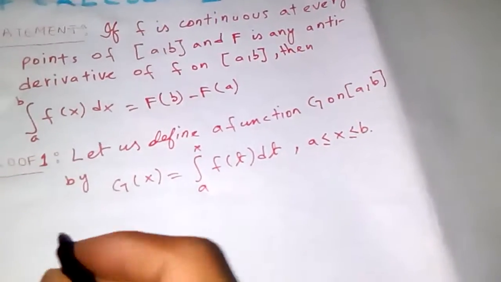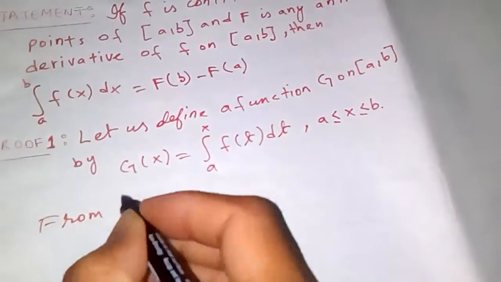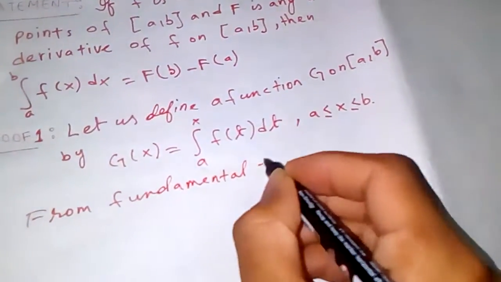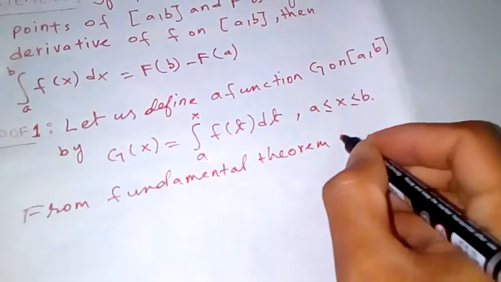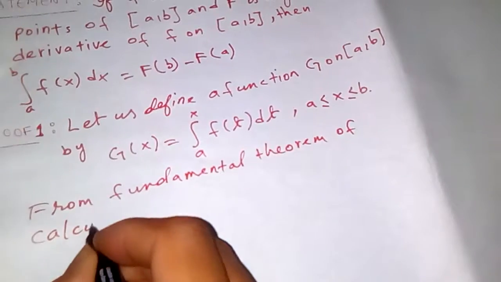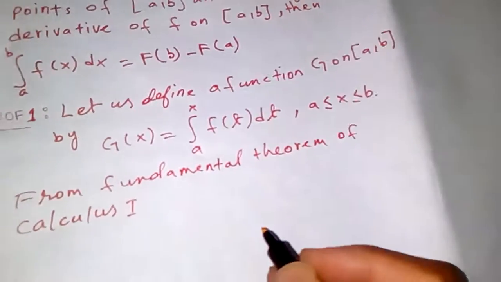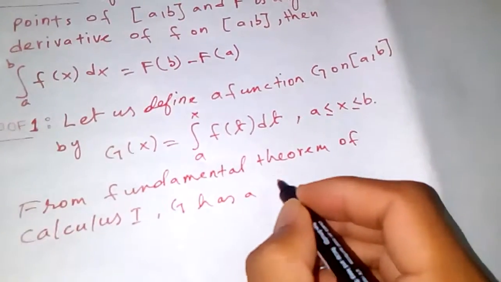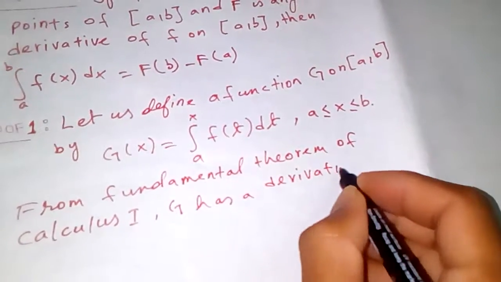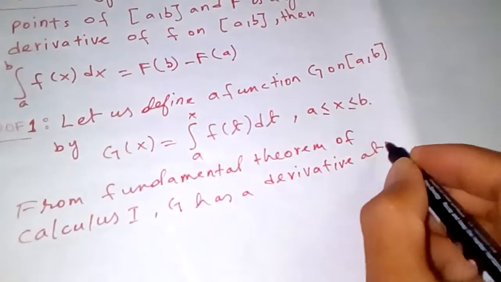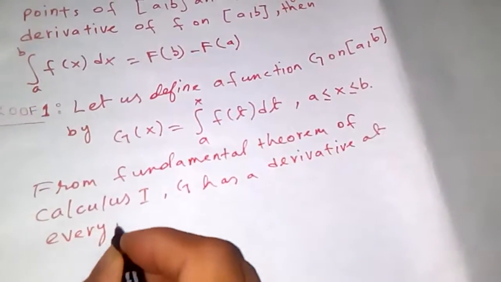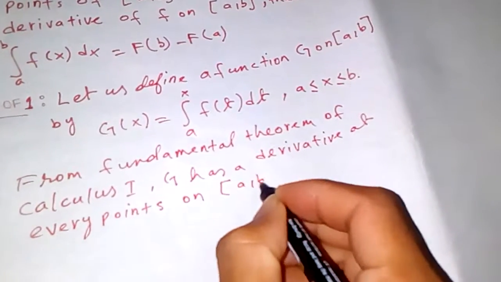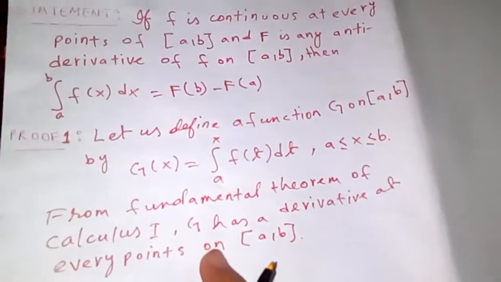Now from Fundamental Theorem of Calculus 1 that we have proved in the previous video, g has a derivative at every point on the closed interval [a, b].